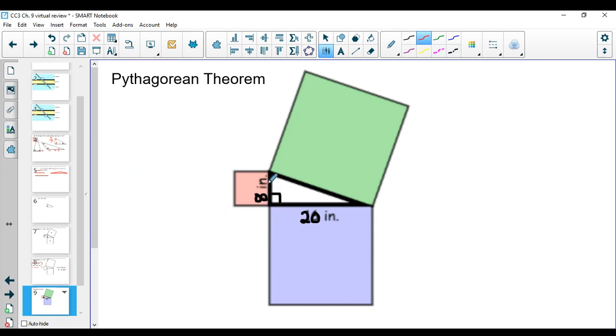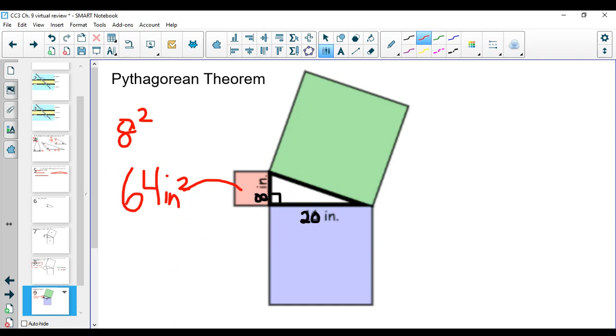So if the side length is 8, 8 squared is 8 times 8. So this would be 64 inches squared. Remember, you're multiplying it by itself. 8 inches times 8 inches is 64 inches squared.